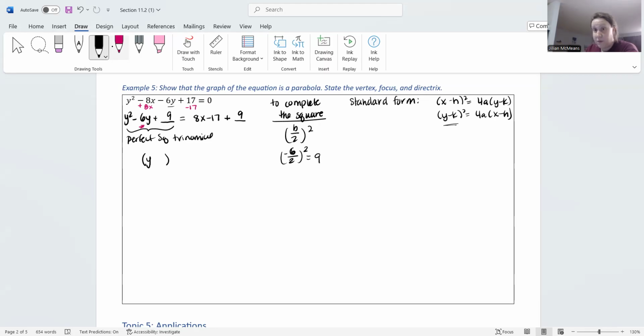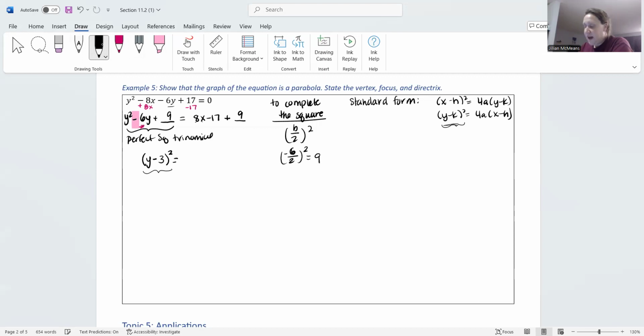We take the square root of the last term, square root of 9 is 3. And then whatever we have right here tells us if we're going to add or subtract in our factored form. So we're going to subtract, and then we're going to take that quantity and square it. So looking right here, we have something that looks very similar to y minus k squared, which is great. So we're definitely getting to that form.